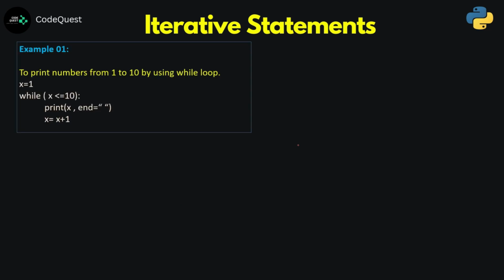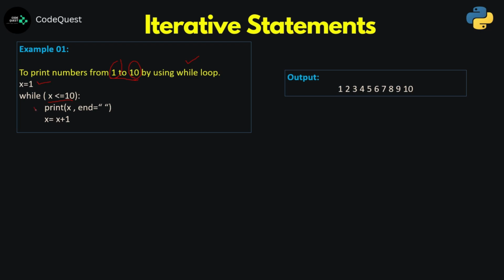So let's look into a small example. Let's say I want to print the numeric values from 1 to 10 using the while loop. The starting value is 1, hence the initialization is x equal to 1. And because we want to print up to 10, the condition is x less than or equal to 10.